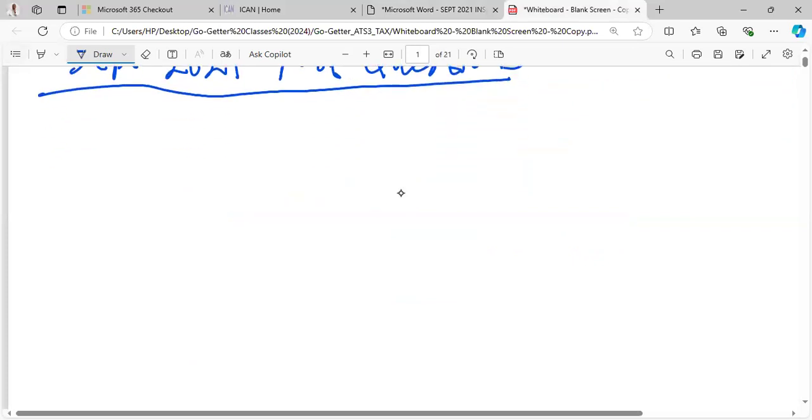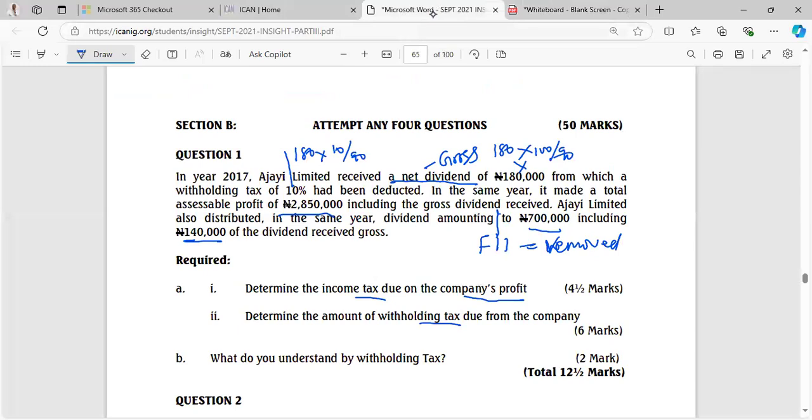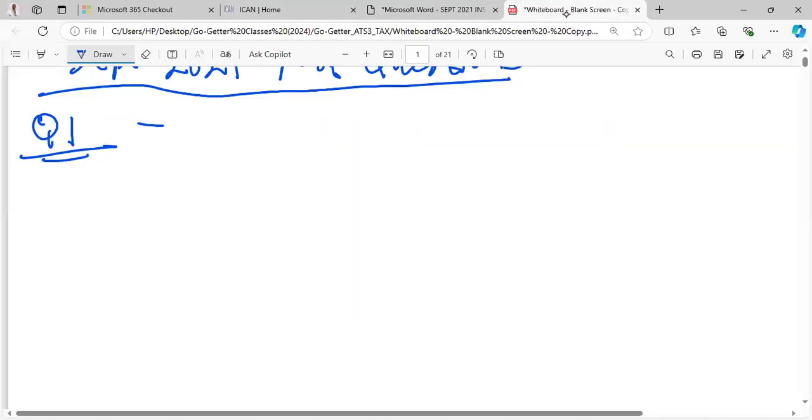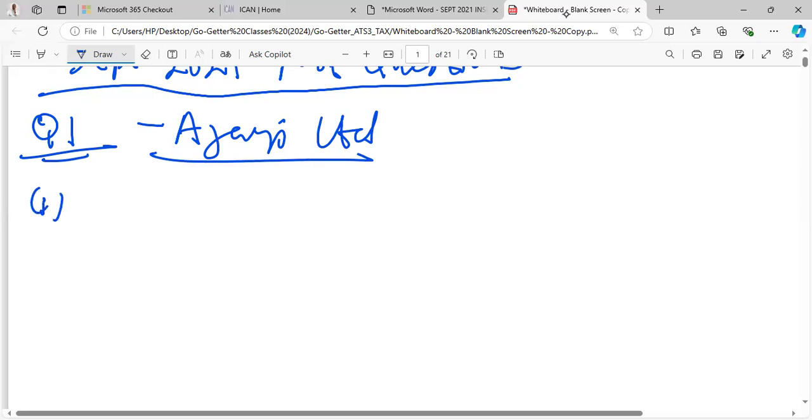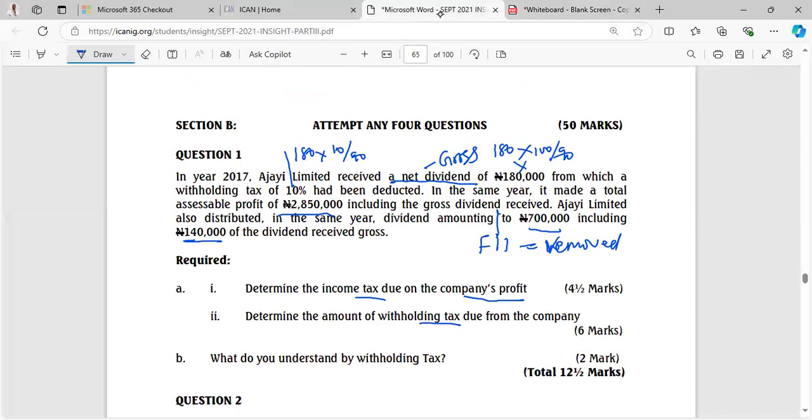So this is question number 1. The name of the company here is Ajayi Limited. All right. So we are looking for the A part, which is income tax for year of assessment 2017.